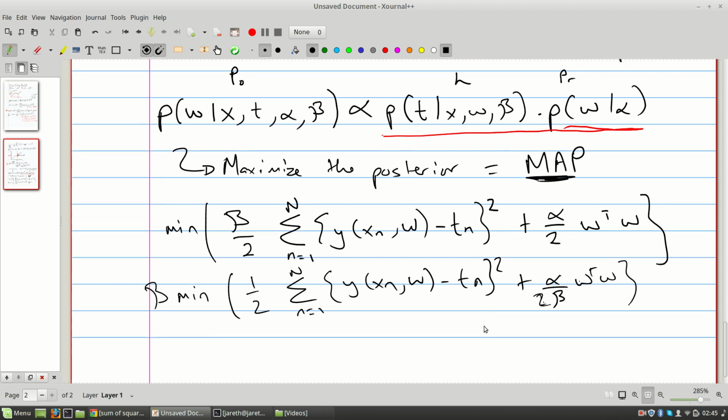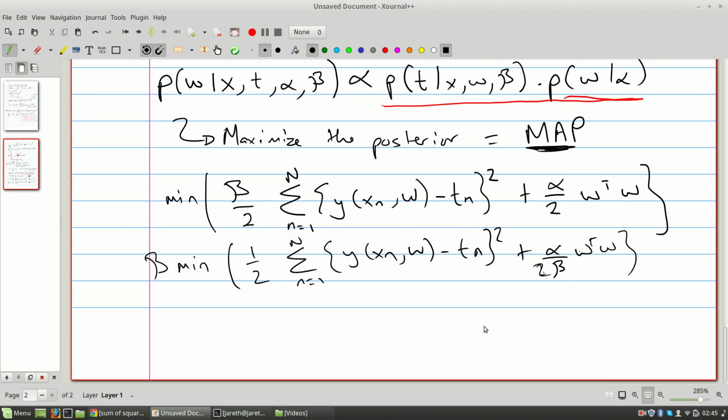So here I'm just roughly writing what we are doing. But the idea is that since this is a minimization operation, whether I multiply it by a constant doesn't really matter. And here, this term we can more generally represent by lambda, which is equal to alpha over beta.